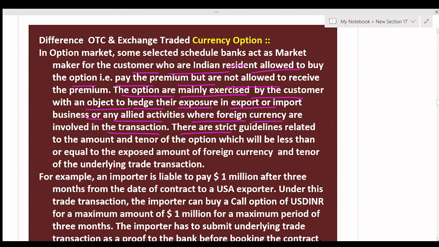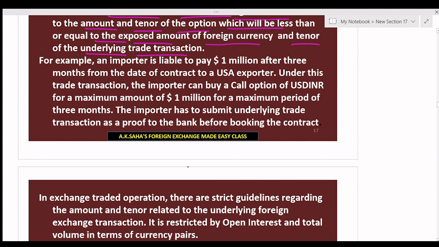There are strict guidelines related to the amount and tenor of the option, which will be less than or equal to the exposed amount of foreign currency and tenor of the underlying trade transaction. For example, an importer is liable to pay $1 million after 3 months from the date of contract to a USA exporter.